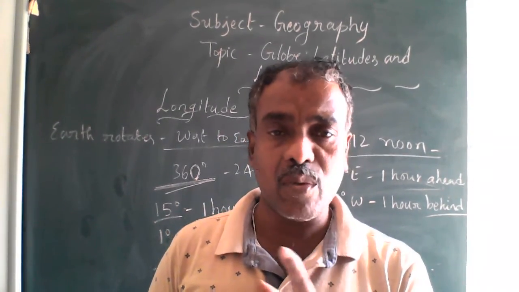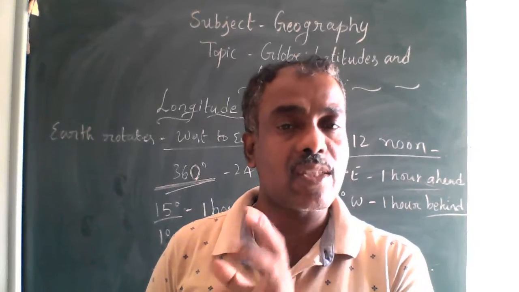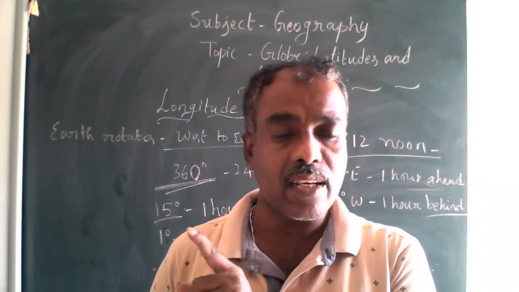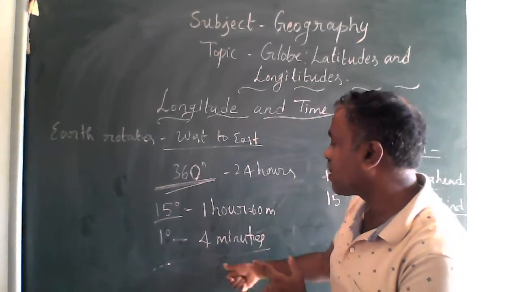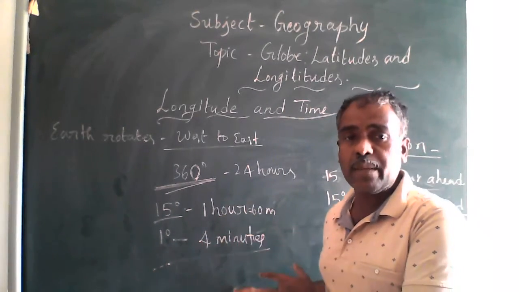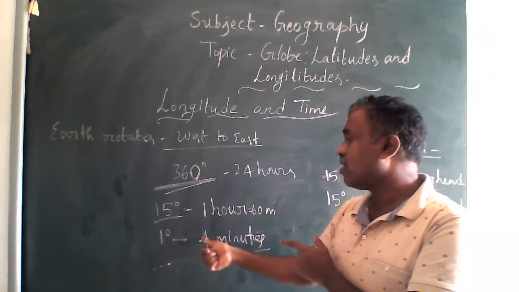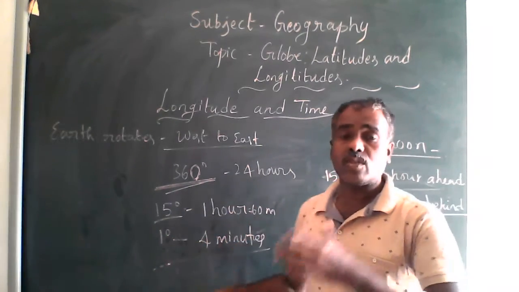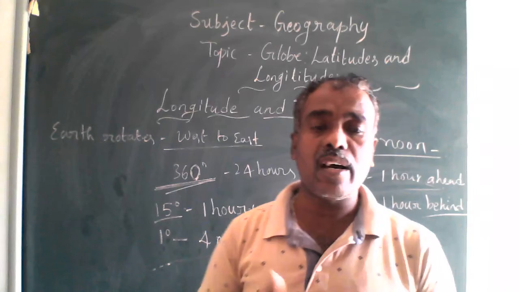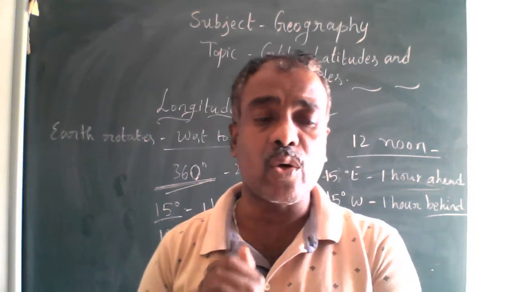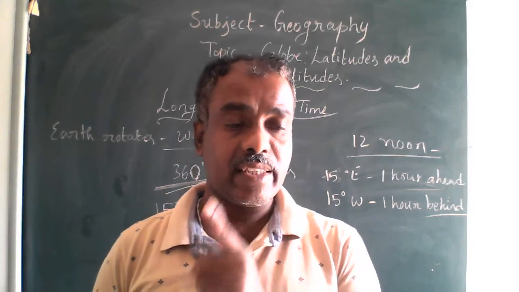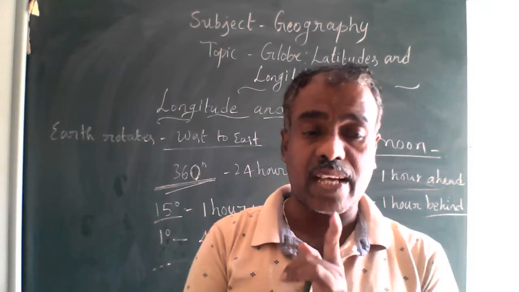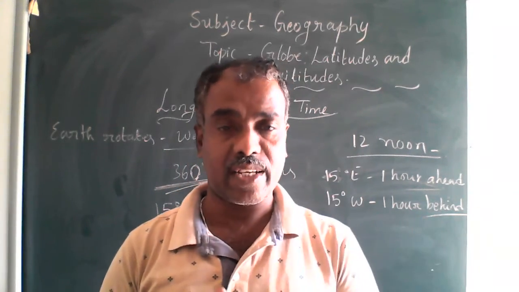Our earth rotates 360 degrees, and to pass 1 degree the earth takes 4 minutes, and to cross 15 degrees it takes 1 hour. So that's why the entire earth is divided into 24 time zones of 1 hour each, and each zone covers 15 degrees of longitude.